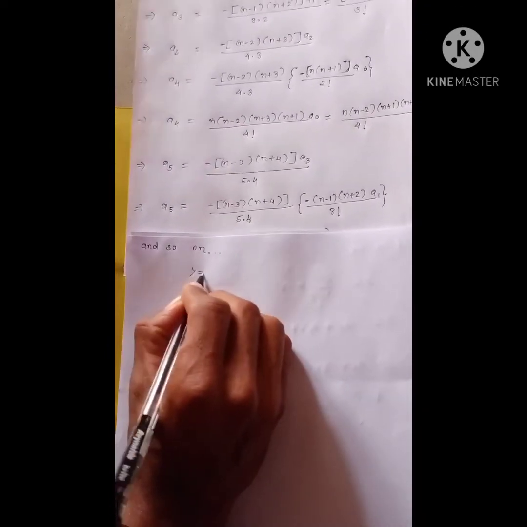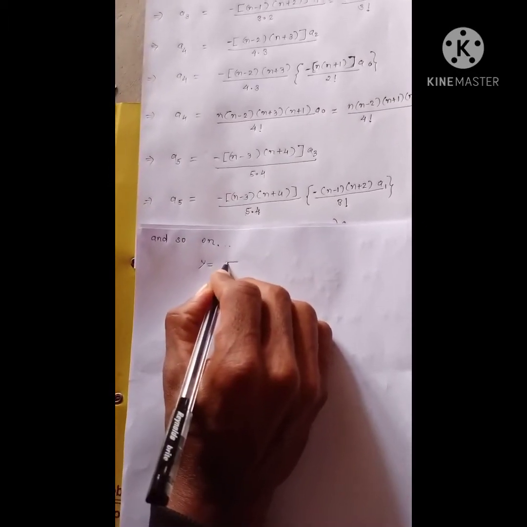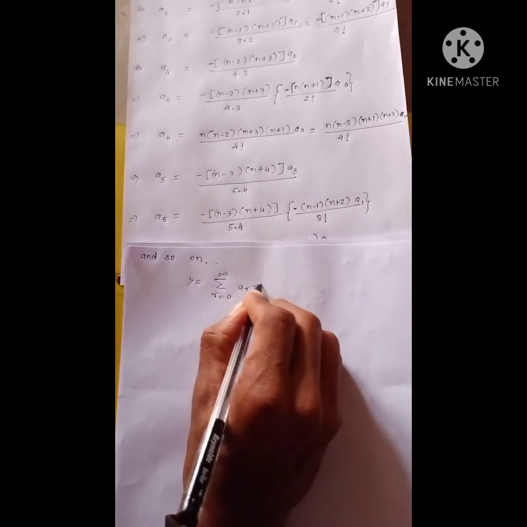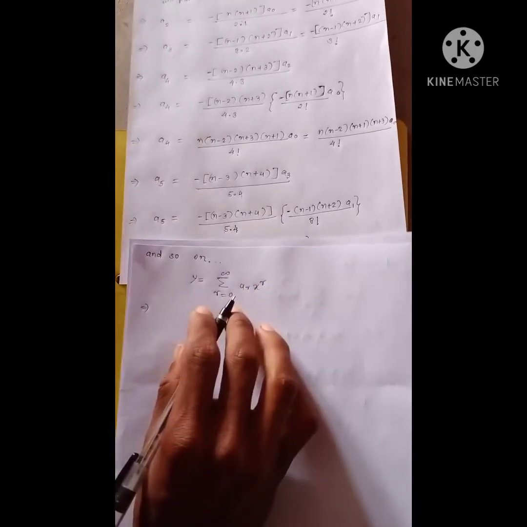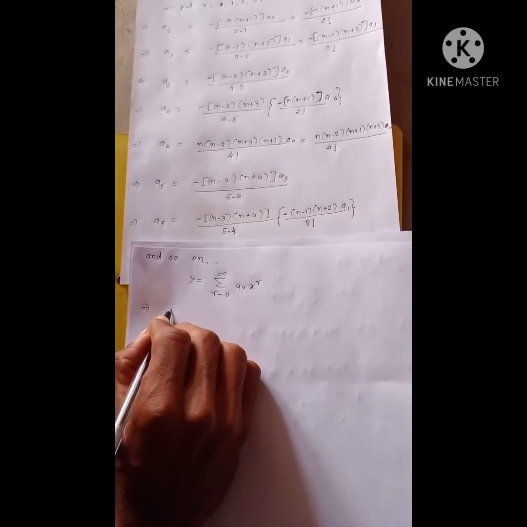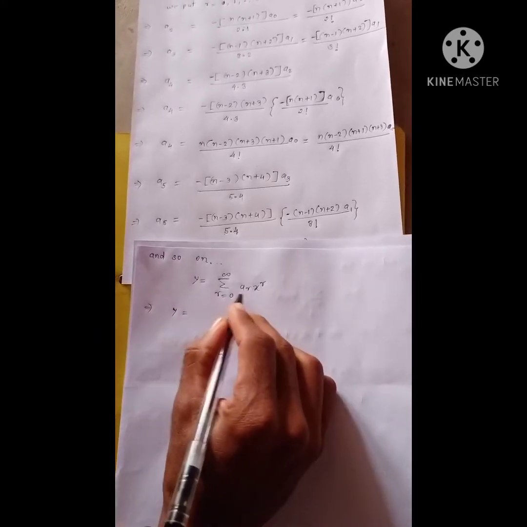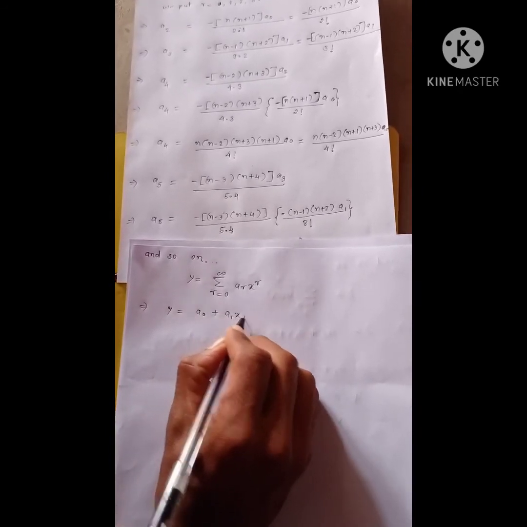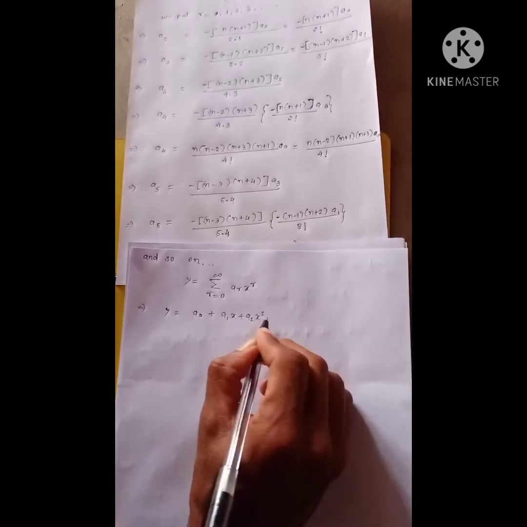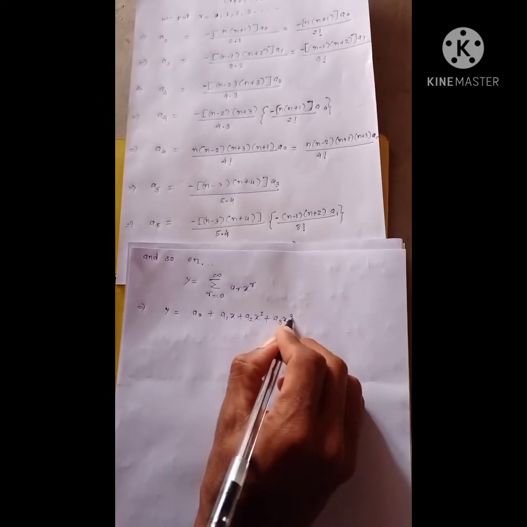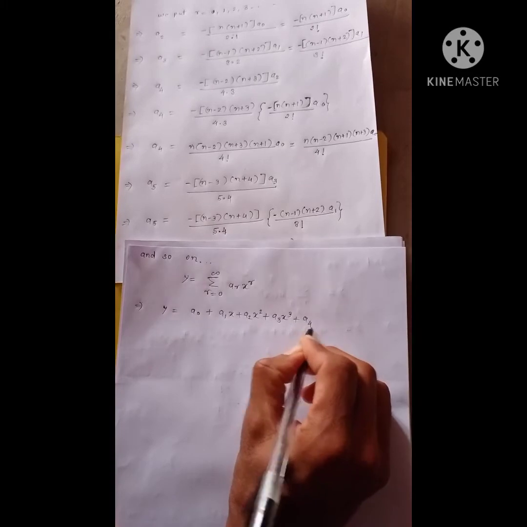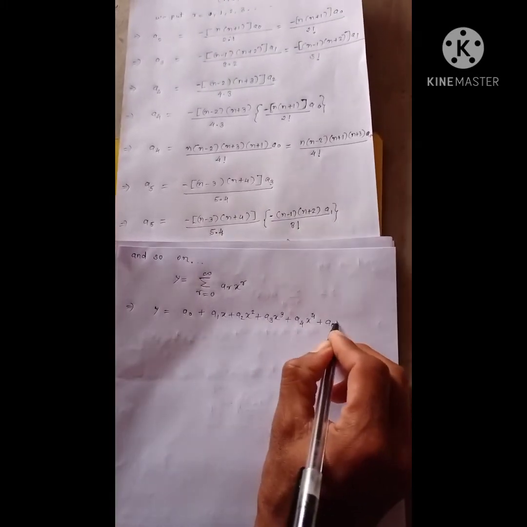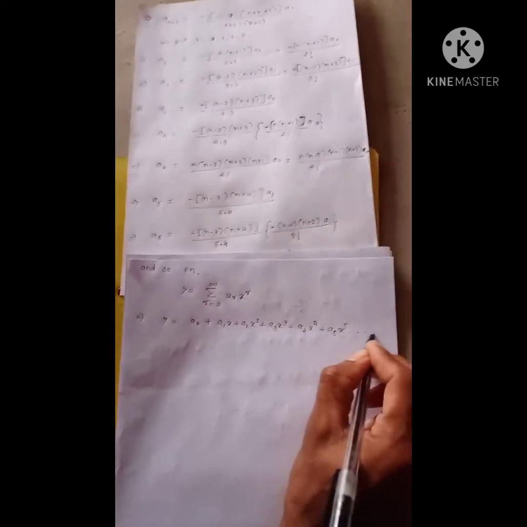So y is equal to summation r equal to 0 to infinity ar into x to the power r. So the solution of this equation becomes y is equal to a0 plus a1x plus a2x square plus a3x cube plus a4 x to the power 4 plus a5 into x to the power 5, and so on.